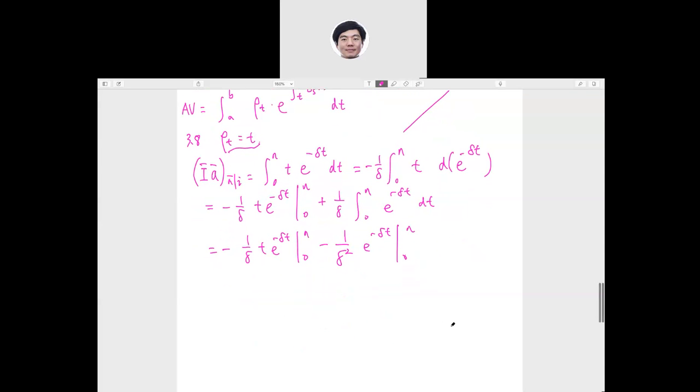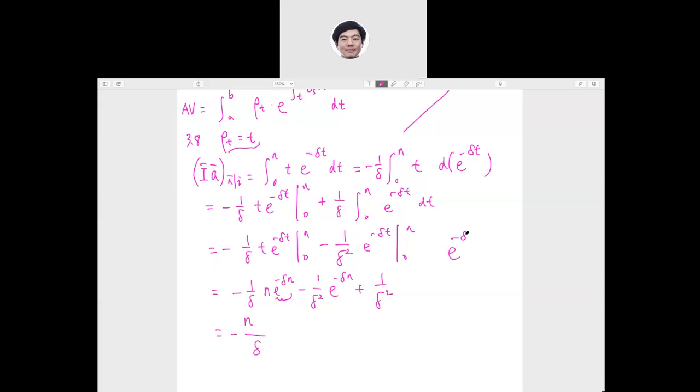You can keep it as it is. For instance, this one is simply n times e to negative delta n. When you plug in 0, it's 0, plus 1. If you want, you can keep it in this form. But if you are trying to simplify, what you can do is, okay, so what is this?